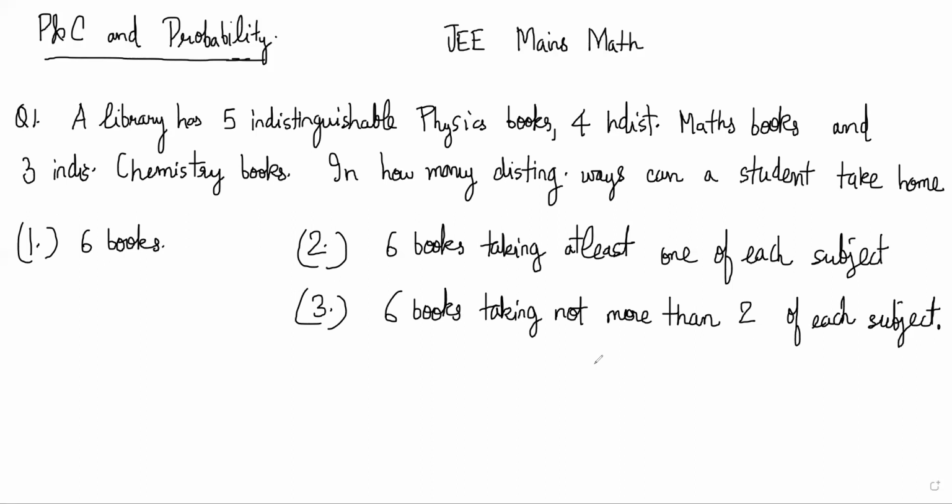Just try to solve the first part first. How many different ways can you take out 6 books?